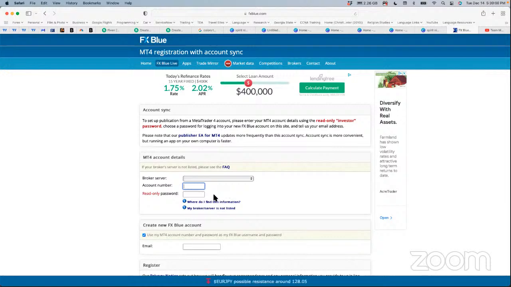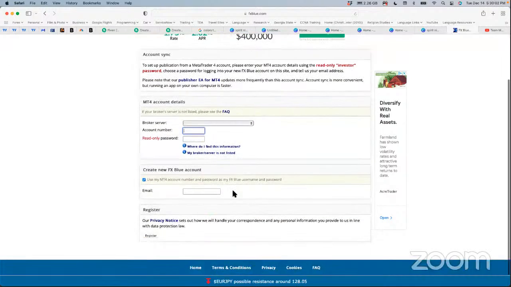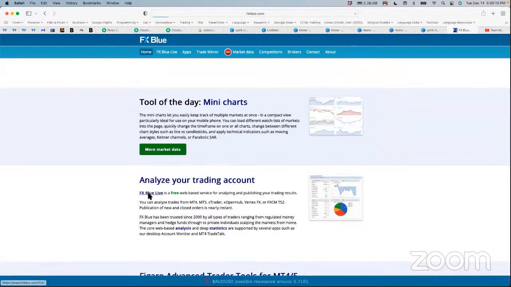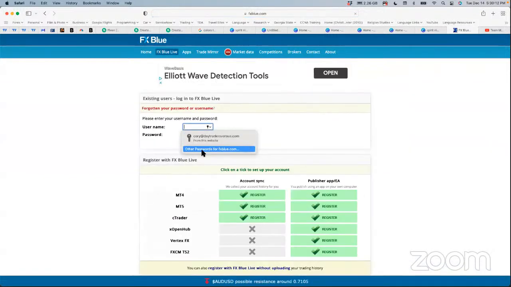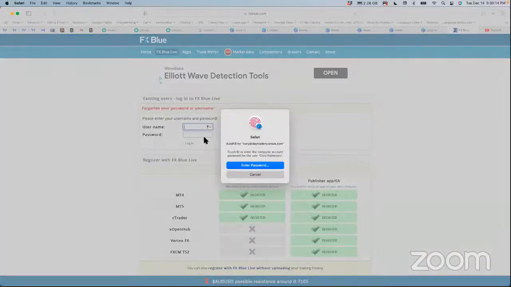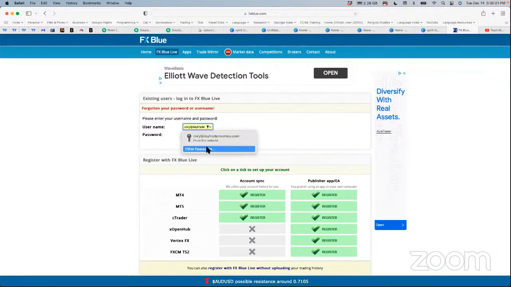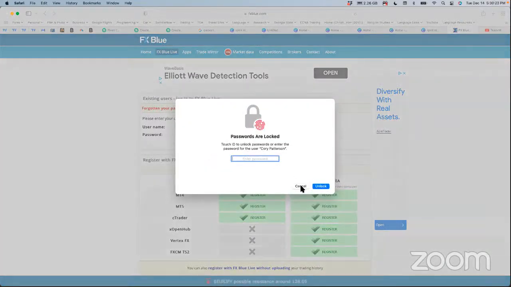So once you get that set up, email everything, you'll get to see this information.